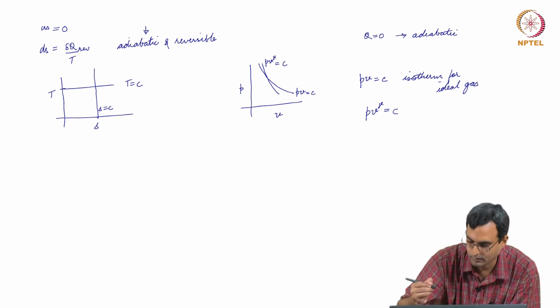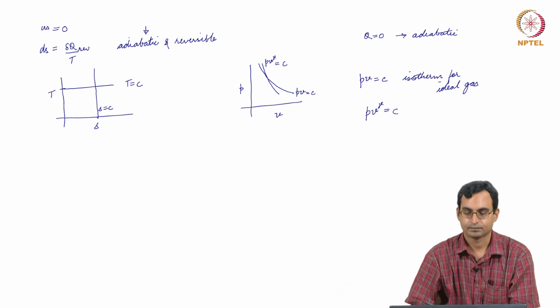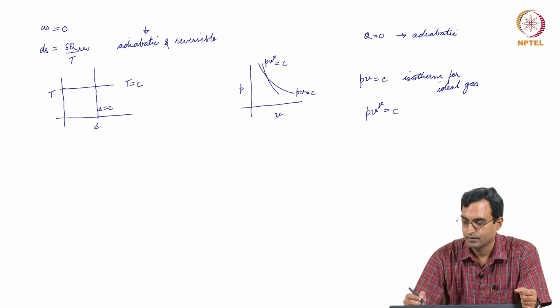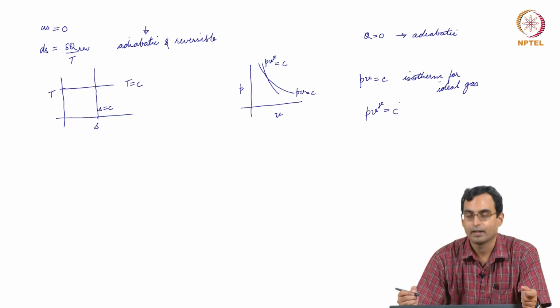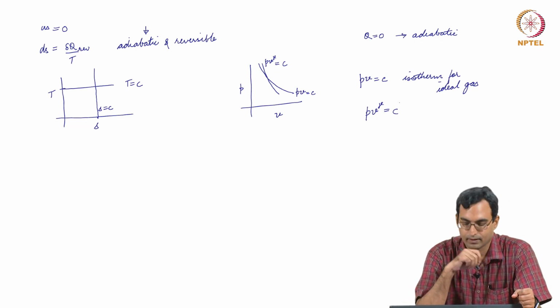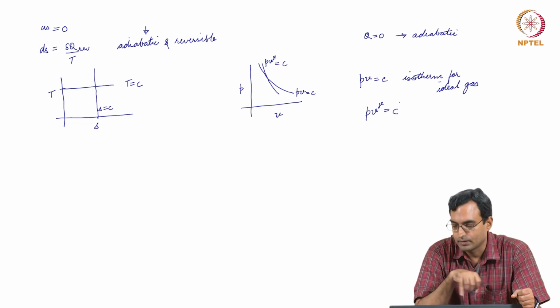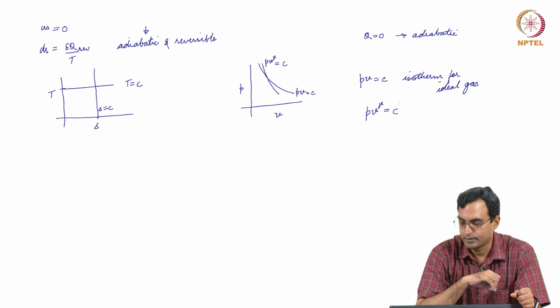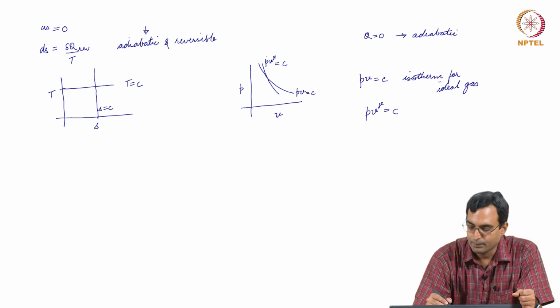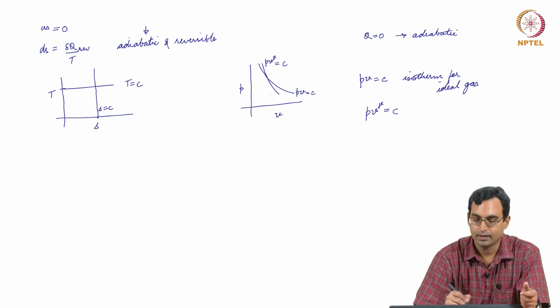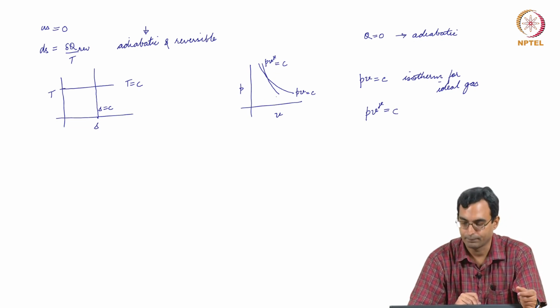So, we see that on a PV diagram, PV to the power gamma equal to constant would be an adiabatic curve, where gamma is usually greater than 1 for most of the substances we know. If this PV to the power gamma equal to constant, which is an adiabat, is also reversible, that would essentially be an isentropic curve on a PV diagram.